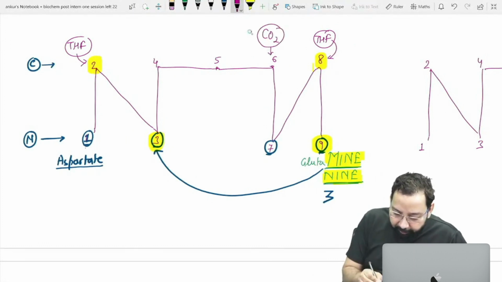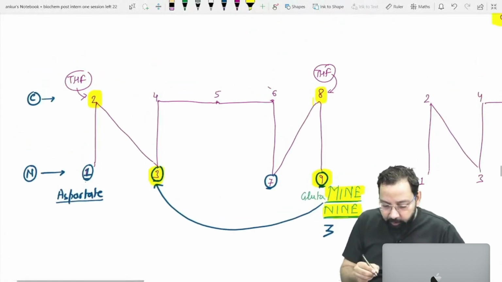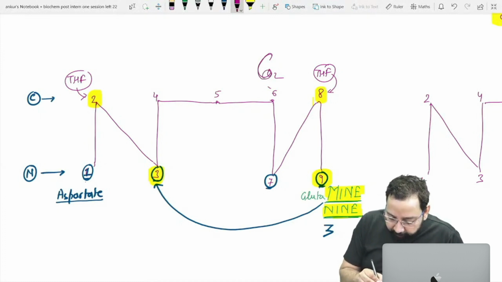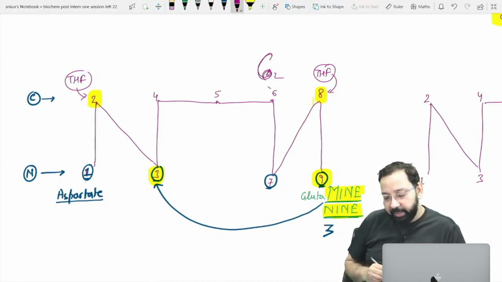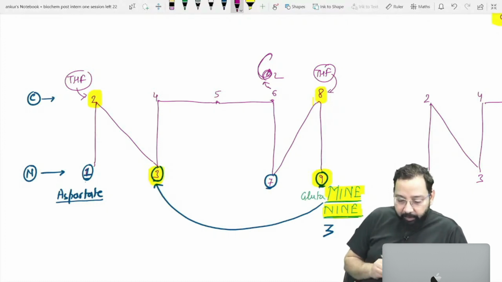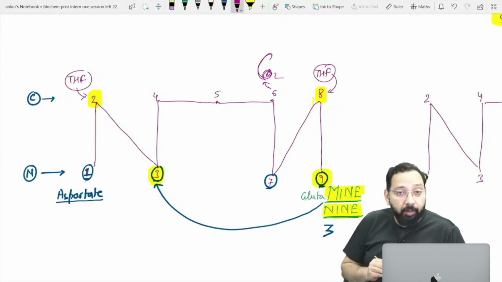If my handwriting is very bad, I can write CO2 like this and it will appear just like C6.